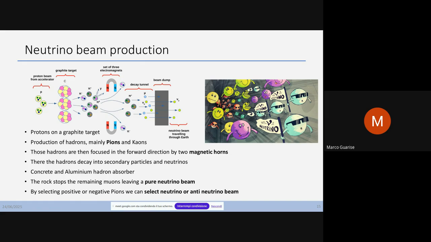So selecting positive or negative pions, we can select one decay channel, and so at the end we will have a neutrino or an anti-neutrino beam. And this is exactly what we will do in DUNE.